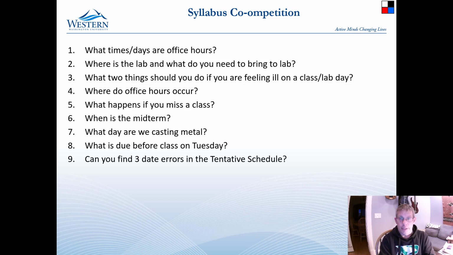The midterm is on Halloween. Sorry about that. That's the way it came out though, and as we discussed, it can happen anytime during the day. What day are we casting metal? I think it's on the 22nd of October, and so if you're able to come that day, we can see, especially in the second half of the class. That would be great if you could come for that, and we'll be over at the Art Annex building for that.